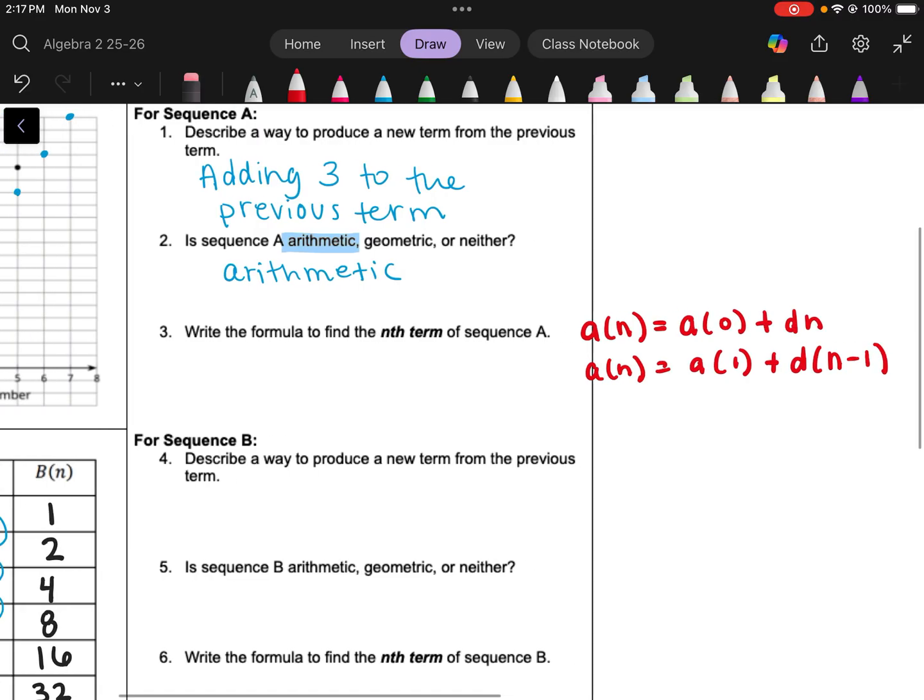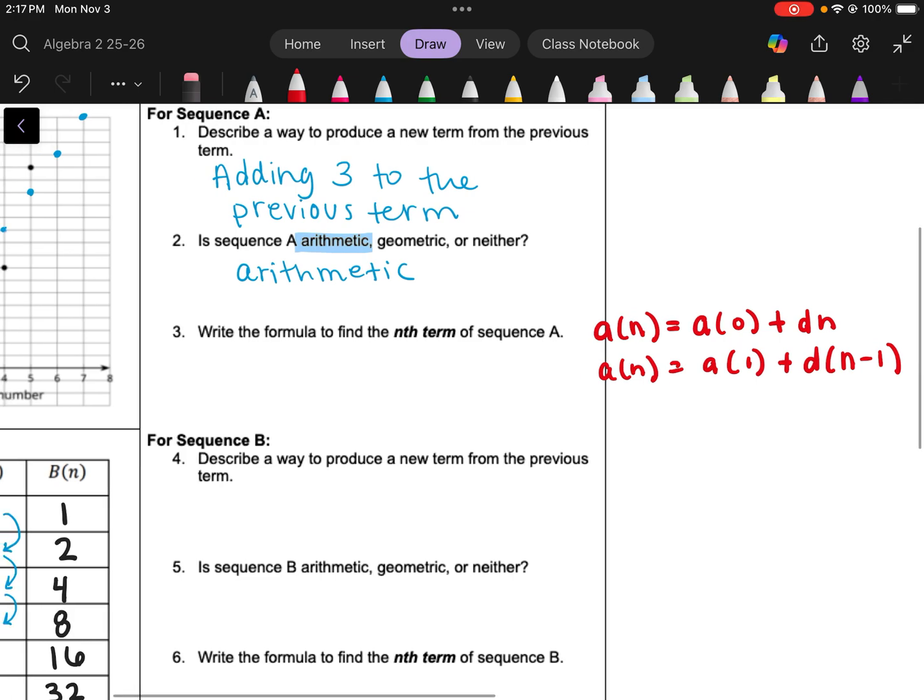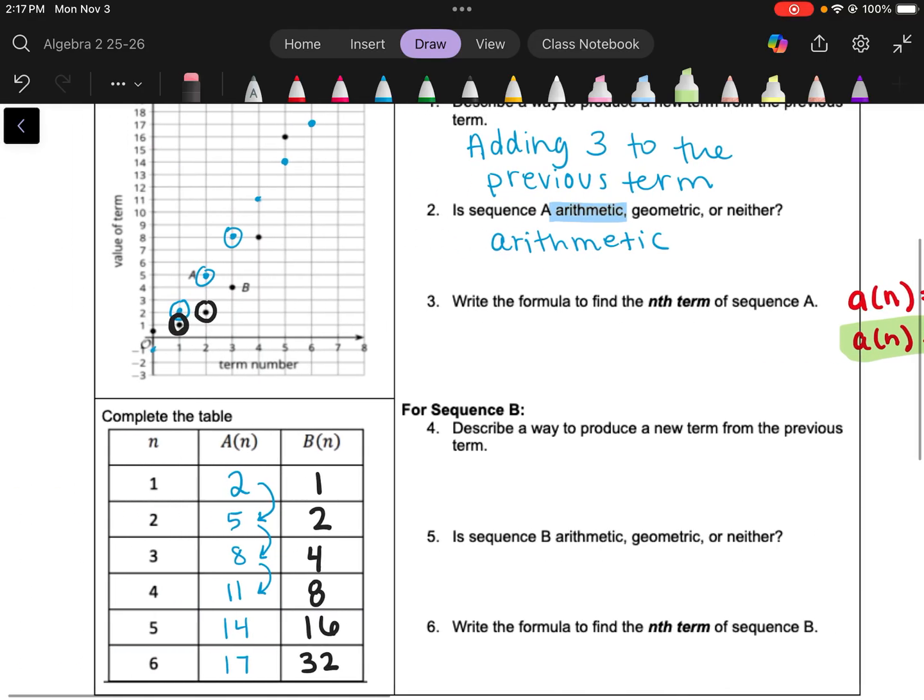So we're going to compare sequence A. I'm going to use this one because in the table we have A sub 1, the first term. So what's our first term from the table or the graph? Do you see that the first term is 2?